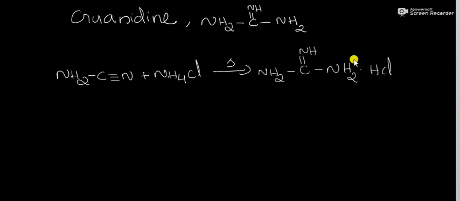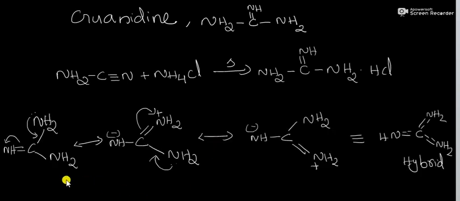The very important thing to remember is its basicity. Guanidine is a very strong monoacidic base, forming stable salts even with weak acids. And the basicity of guanidine can be explained by its resonance structures. These are the resonance structures of guanidine. The lone pair of electrons on nitrogen shifts to this bond and the double bond shifts to nitrogen.